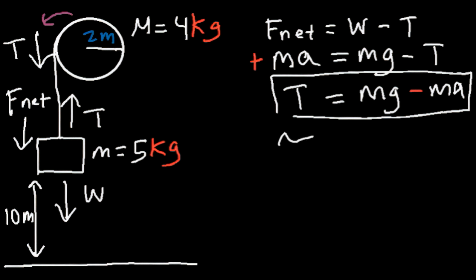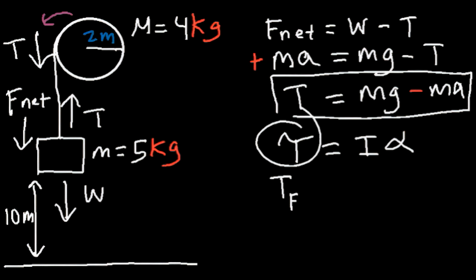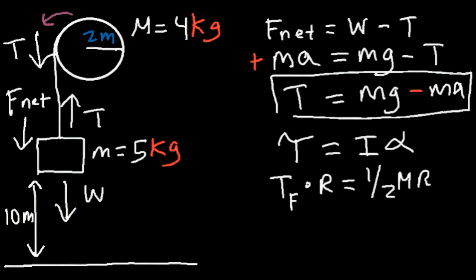Now the torque is equal to inertia times the angular acceleration. And the torque is force times the radius, or the tension force. I'm going to write TF for tension force to distinguish it from tau, times the radius, that is equal to the inertia, which is 1/2 mr squared, times alpha.